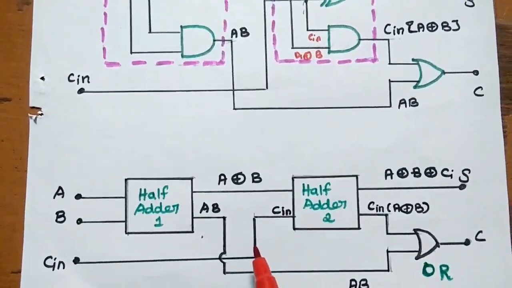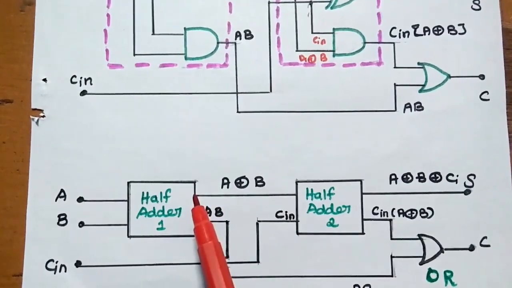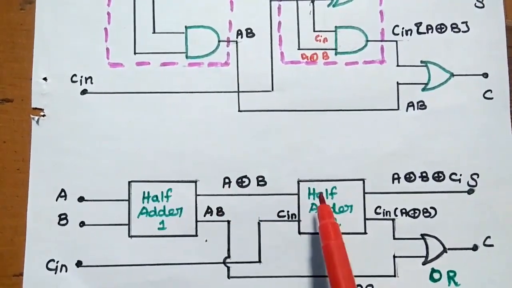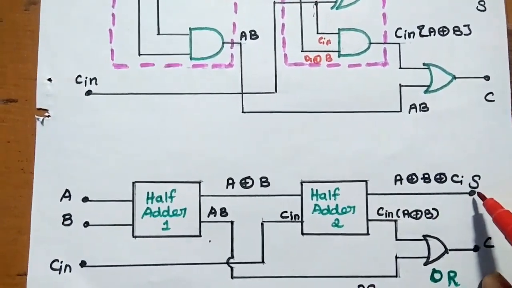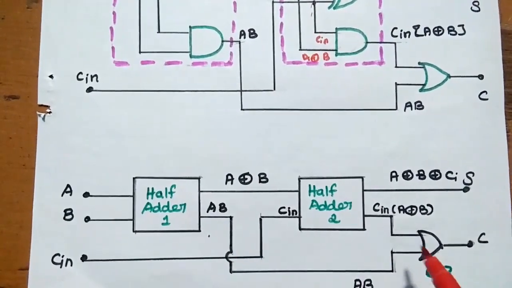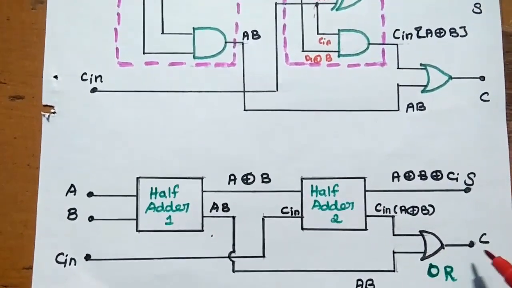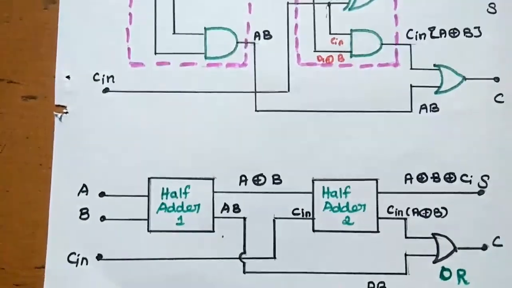We give Cin directly to the second half adder, with the output of the first half adder, A XOR B, as the other input. From this we obtain the sum, and the two AND outputs together form the OR operation. So this is the realization of full adder using half adder.